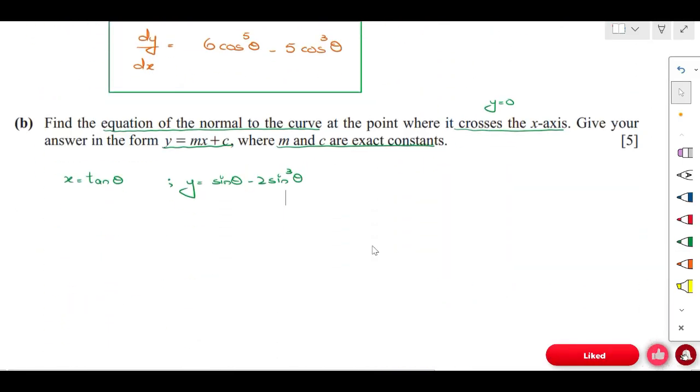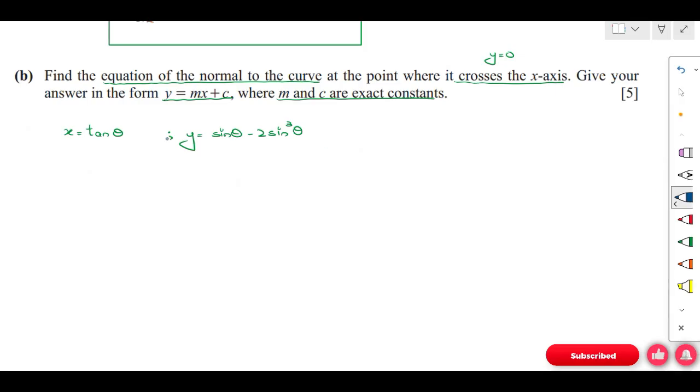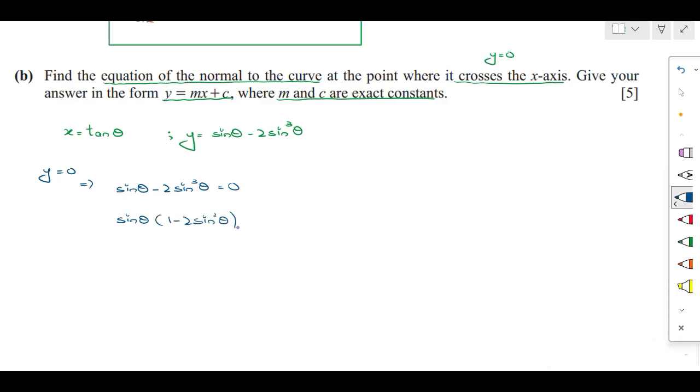Okay, now when it crosses the x-axis, y should be equal to 0. When you put y equals 0, you will get sine theta minus 2 sine cube theta equals 0. Let me take sine theta common: sine theta times (1 minus 2 sine square theta) equals 0.